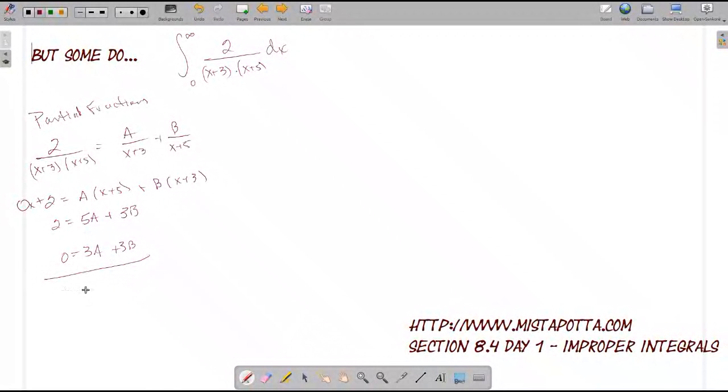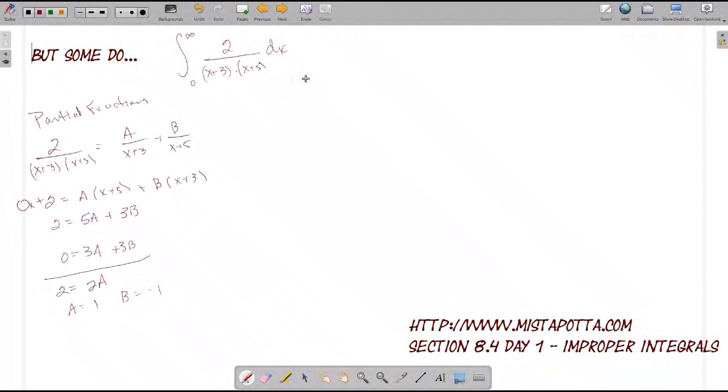And I can actually solve using elimination that A ends up being 1. And of course, if A equals 1 and it has to add up to 0, B must be negative 1.